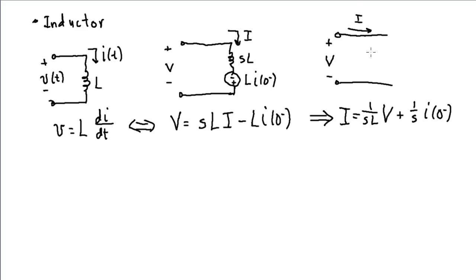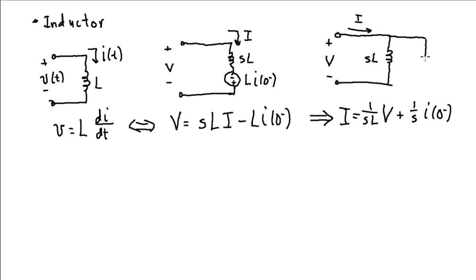Okay. See that a part of the current is due to this term, the voltage across an inductor with impedance of sL. This would give us the V over sL component of the current. And then there's another component of the current, an additive component.